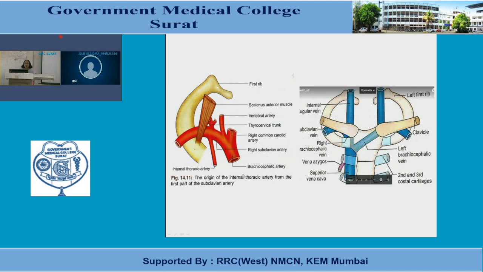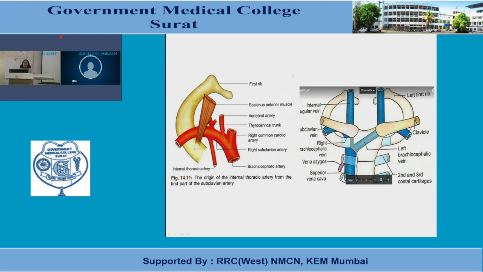Now you can see here the thyrocervical trunk going up and behind the scalenus anterior muscle. Opposite to the thyrocervical trunk, inferiorly, the internal thoracic artery is there. The internal thoracic artery is visualized here in the diagram.